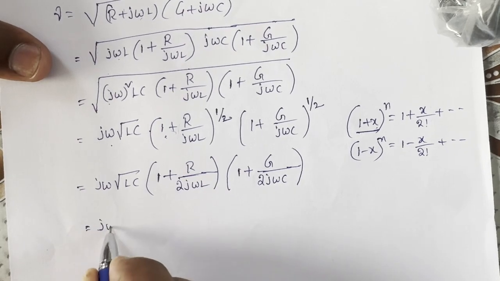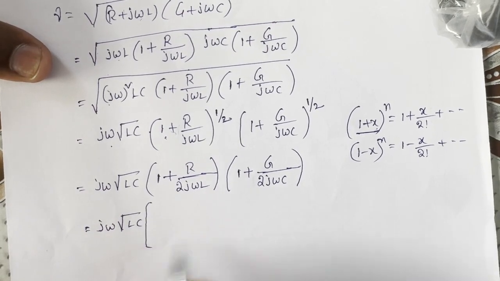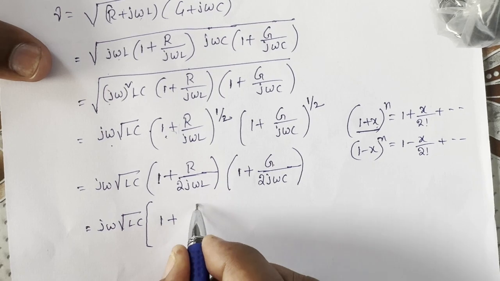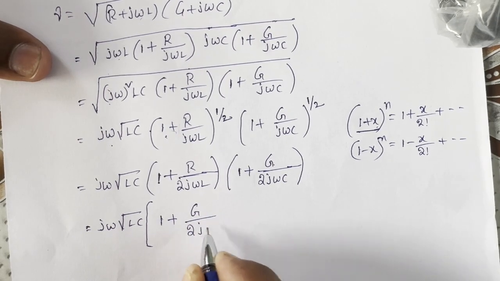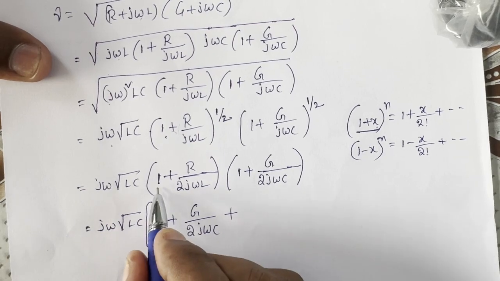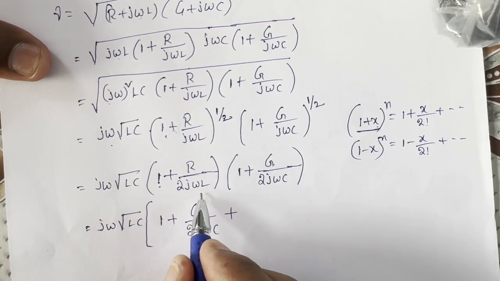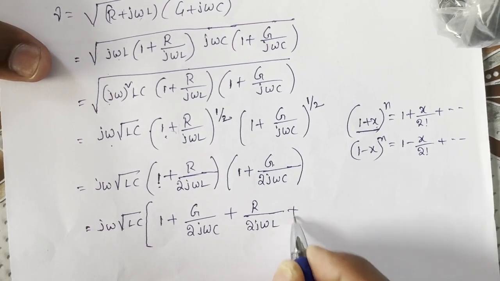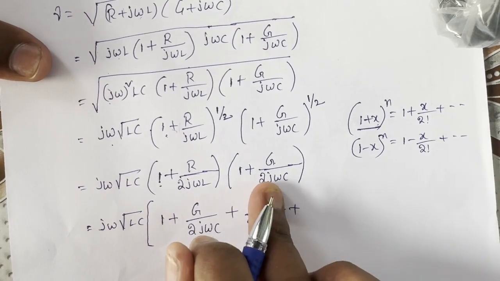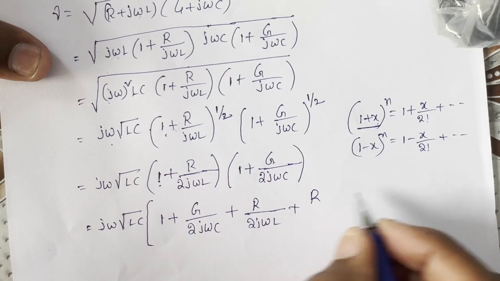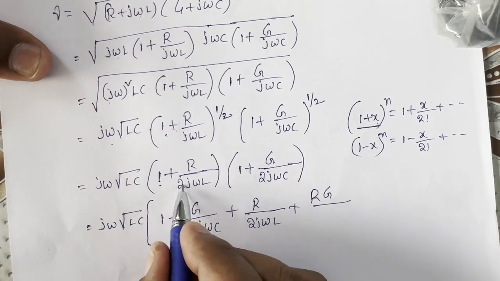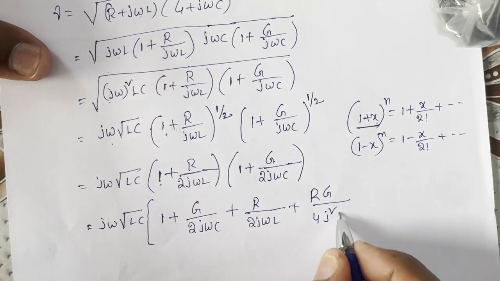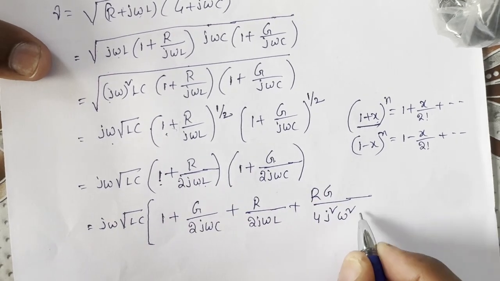So j omega root LC into 1 plus 1 into G by 2 j omega C, plus this term is over. Now R by 2 j omega L into 1, plus this one into this one, that is R into G, RG by 2 into 2, 4, j into j, j square, omega into omega, omega square, L into C, LC.